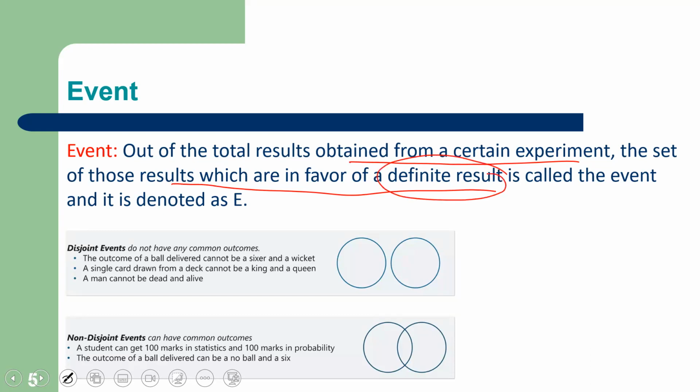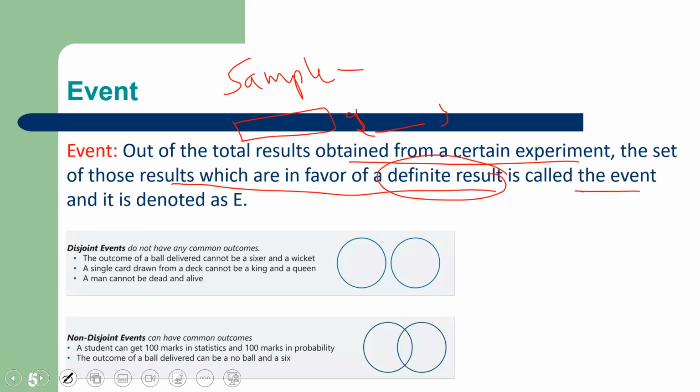In a sample space I have the outcomes, and for a particular definite result, for example I am looking for an even number, or an odd number, only for that objective we take a subset of outcomes of the main sample space. That we call an event. That is the meaning of it.